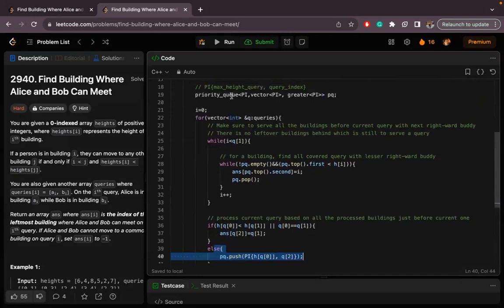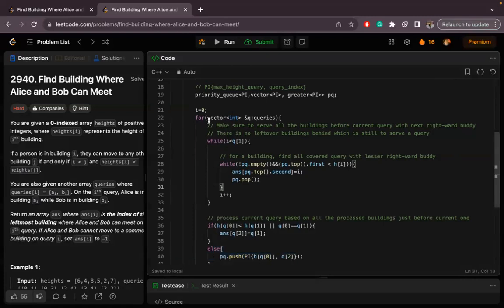Similarly, you can do something different as well. Maybe you can traverse over buildings, and for each building you can see what queries you can serve, instead of just looking at the query. My logic itself says that for each building you have to see what queries you can serve.